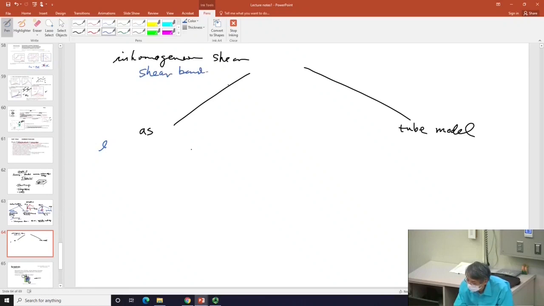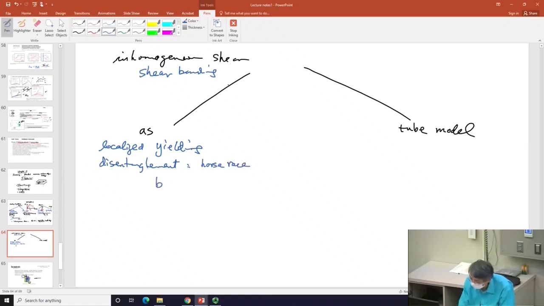This shear banding is a result of localized yielding. That's such an abstract word, but basically a disentanglement in a localized manner, in the sense that there is a horse race.